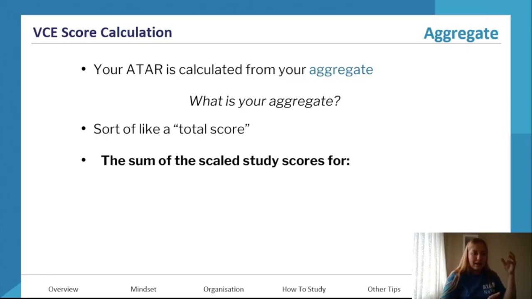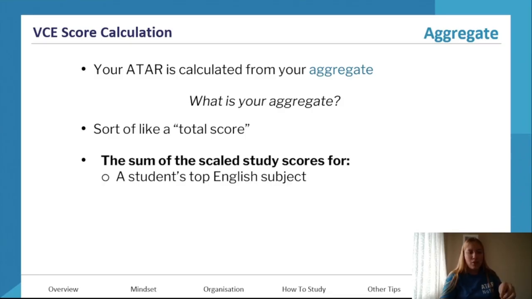So this will mean that it will include your top English subject. For those of you only doing one English subject, your English subject will be there, no matter what, no matter how badly you do, how lowly you score. So it has a big effect. You need to focus on English this year.